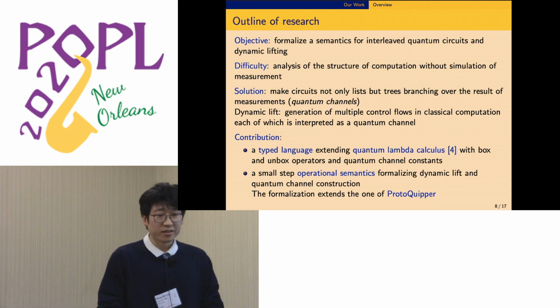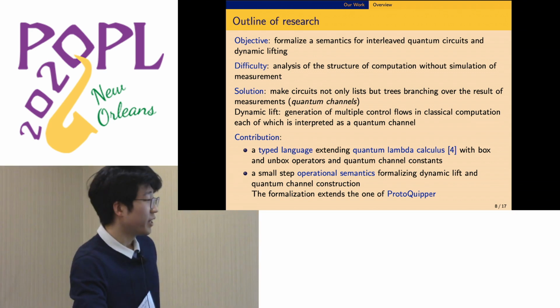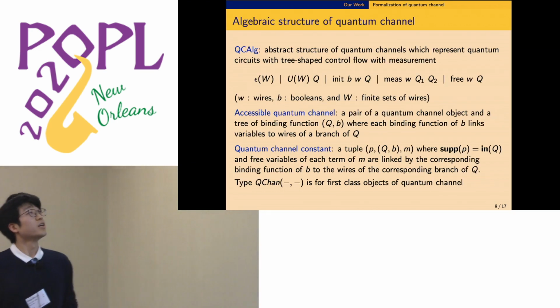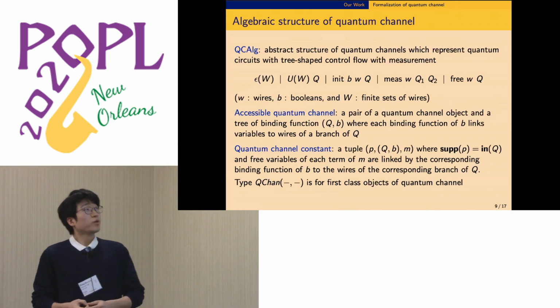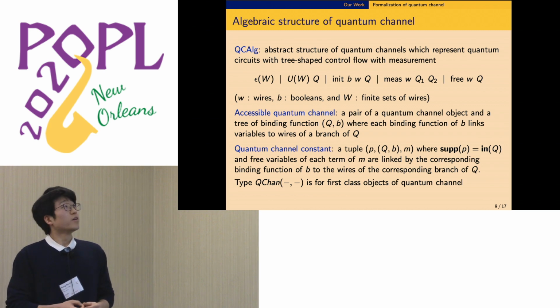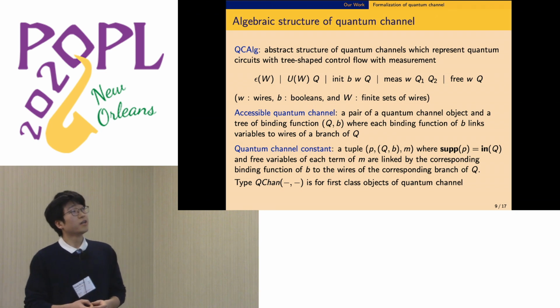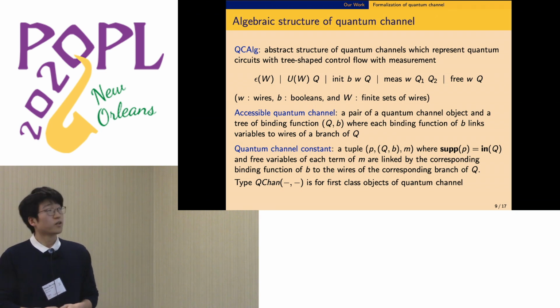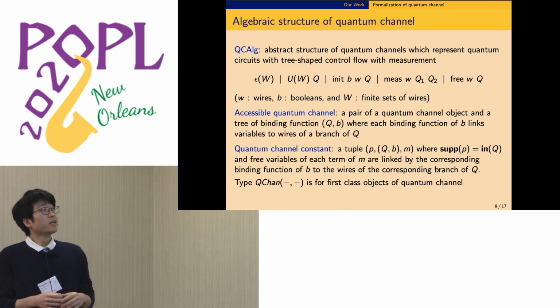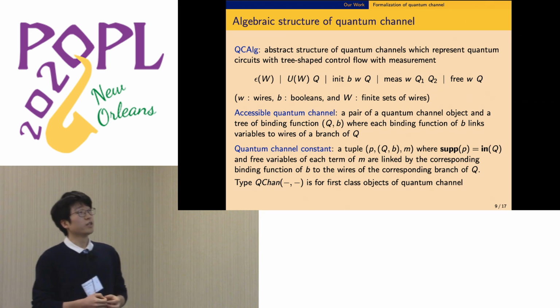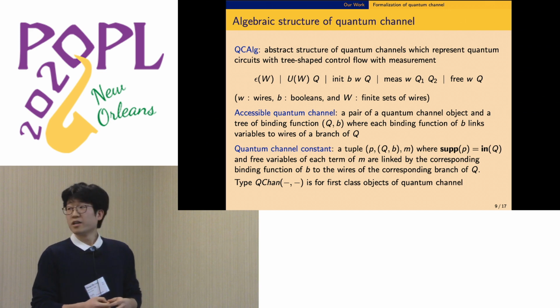And this work is based on the Proto-Quipper as mentioned earlier. To give some more detail, I want to show how we define the quantum channel constants. First, we define a quantum channel algebra called QCL with those 5 constructors.